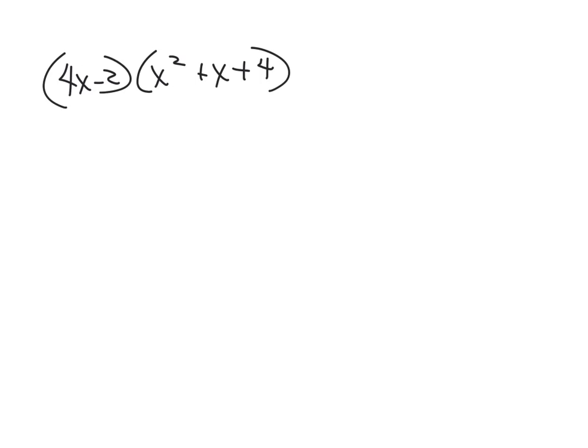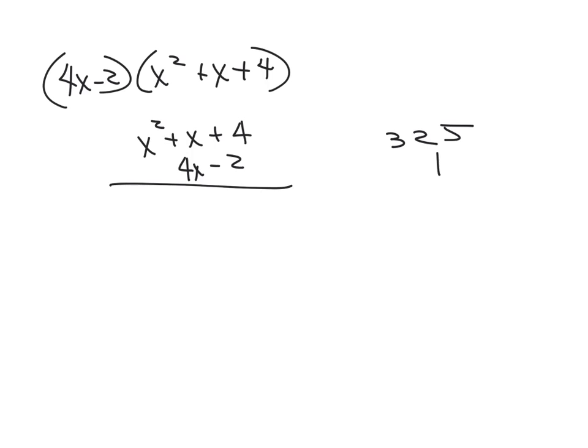Alright, so let's see what kind of trouble we can get into here. We're going to do the vertical method, and what we do is we put the longest polynomial on top and we put the short one directly underneath. And it's kind of like multiplying 325 times 42. Okay? 3 digits on top, 2 on bottom. 3 terms on top, 2 on bottom.